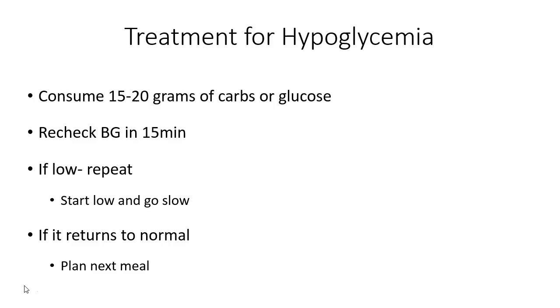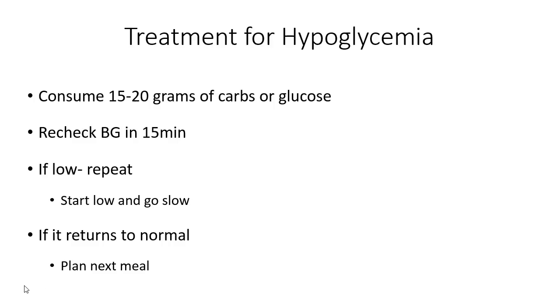If it hasn't come up, then I will repeat it and do the glucose tablets and the juice again. As long as you're alert and oriented and sitting up, you should be able to consume the carbs until your blood sugar goes up. And if, let's say a half hour, 45 minutes, or an hour later, all of a sudden you went from 65 to 200, that's fine because you can control that.